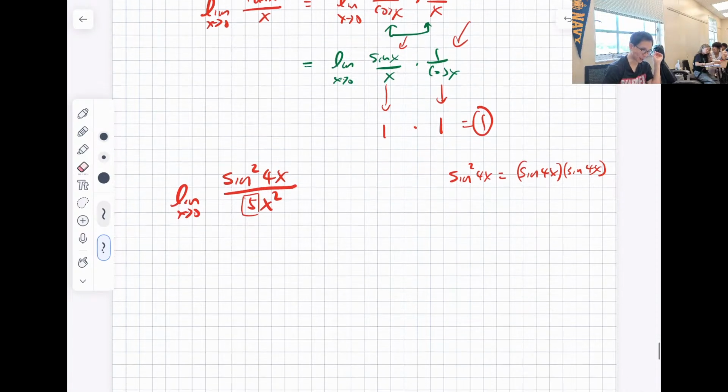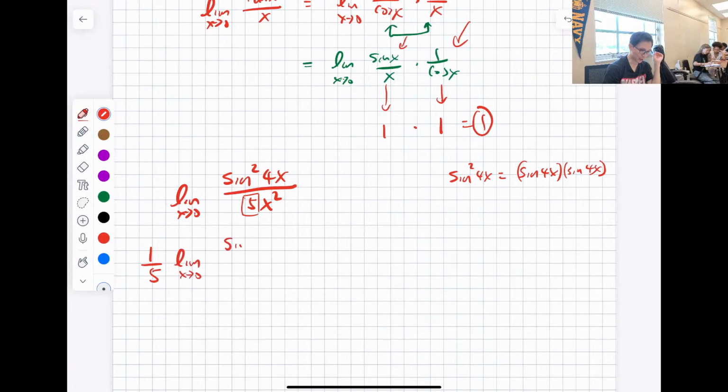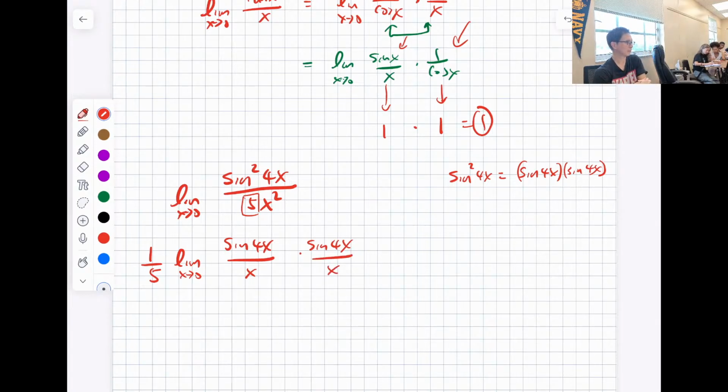I'm going to take it outside the limit, so it's 1 over 5 here. And that says the limit as x approaches 0 of sine of 4x over x times sine of 4x over x, because I can break them apart into pieces. Questions about this part?